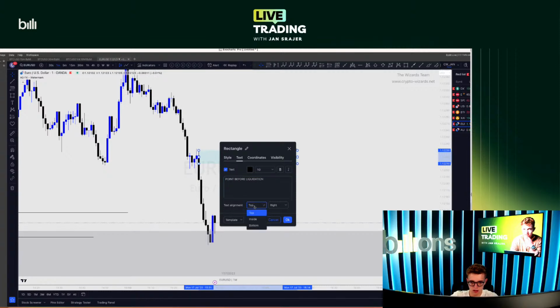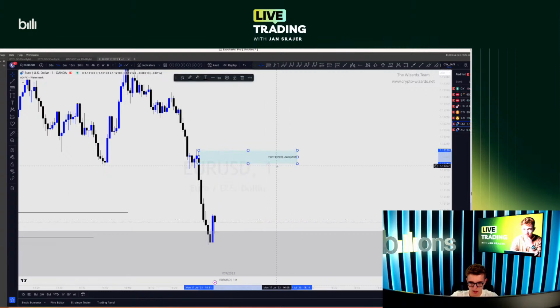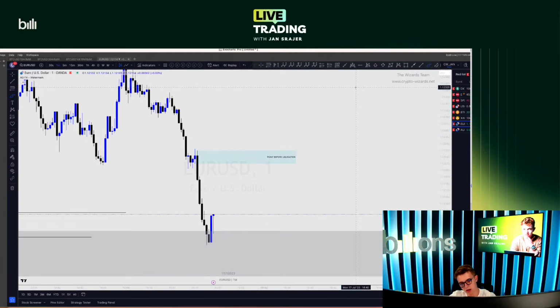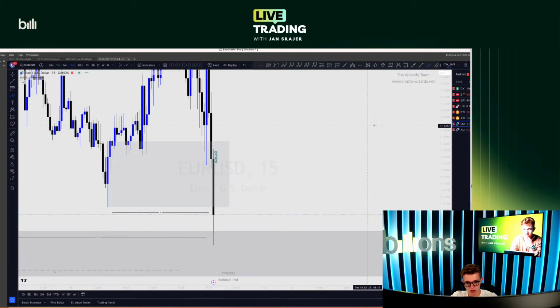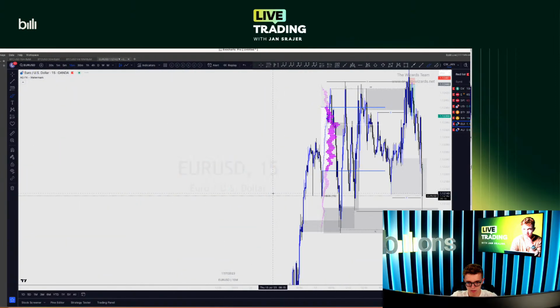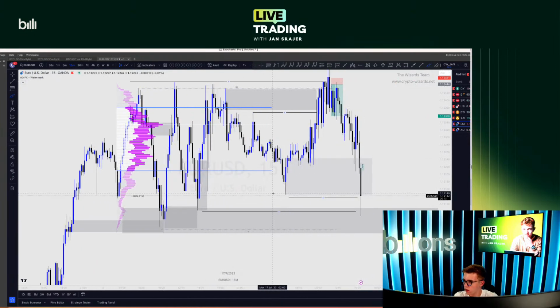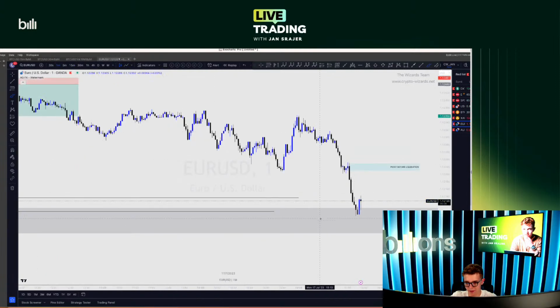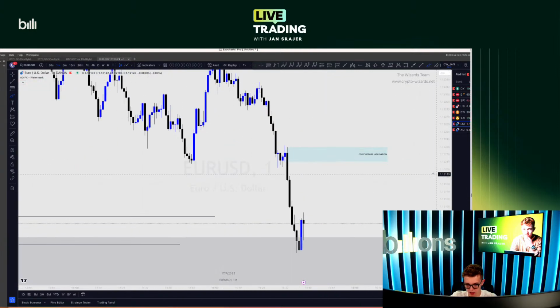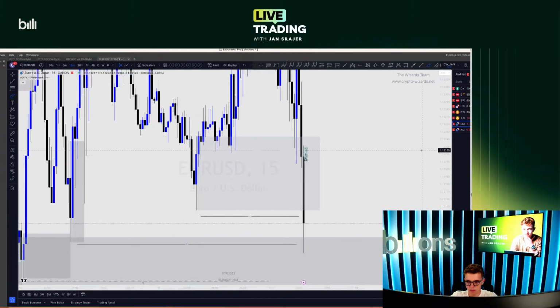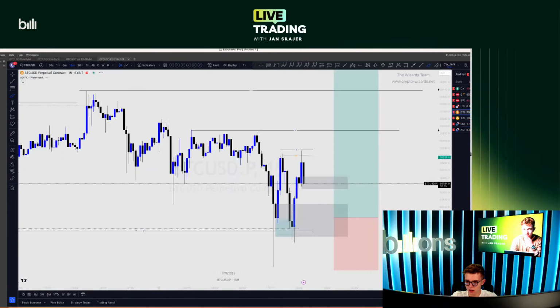Like this, it's going to be inside. Yes, perfect. So preferably I want to see this level being flipped first, then get into long. But this zone looks pretty strong to me. And I like that we went for the lower. What I meant when I was saying a few minutes ago that we are going for the lower, I was looking for going below this low here, because that's where the liquidity is sitting.